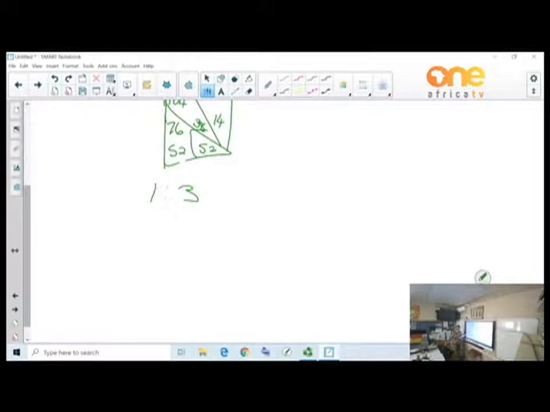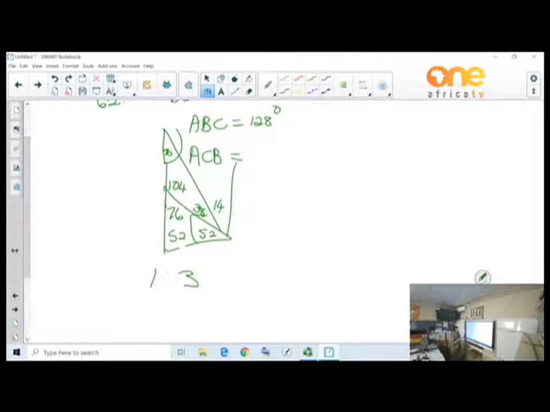Ja? Nee, dit gaan nie met hierdie ene werk nie. By die previous one. Hierso, ja. Kyk, ek het hier probeer wys, die hele angle is 76, so wat jy nou sê is hierdie enetjie is eintlik dan net 38.